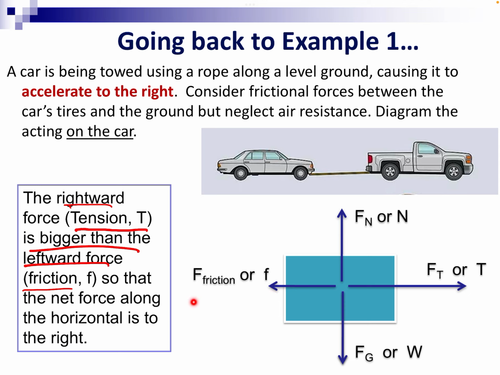So therefore, the net force along the horizontal axis, or x-axis, will effectively be pointing to the right, because the rightward tension force is bigger than the leftward frictional force. And so effectively, since the net force will be to the right, the car will then accelerate to the right.